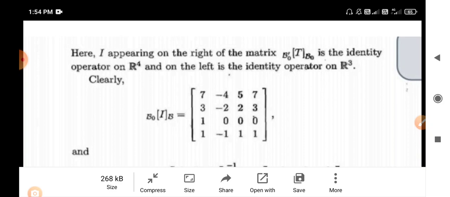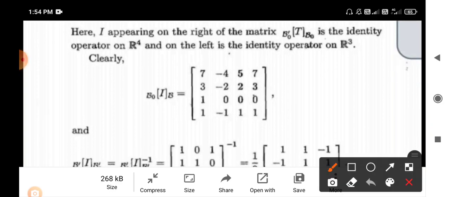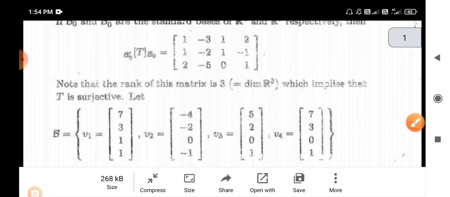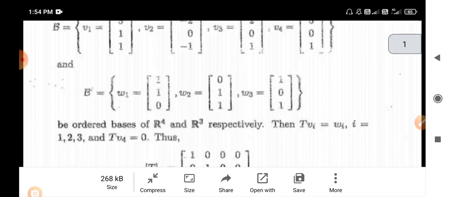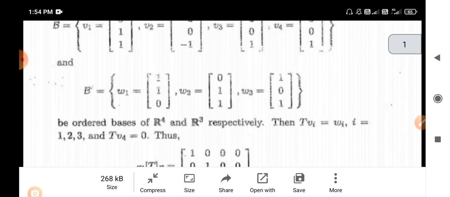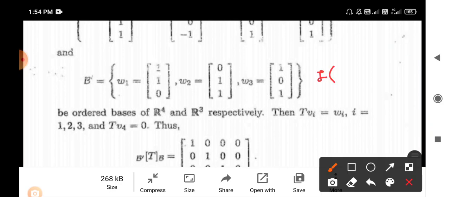So clearly we can represent this by taking the first vector in B, that is (7, 3, 1, 1), and writing it as a linear combination. I is the identity operator, so I of V1 is V1.